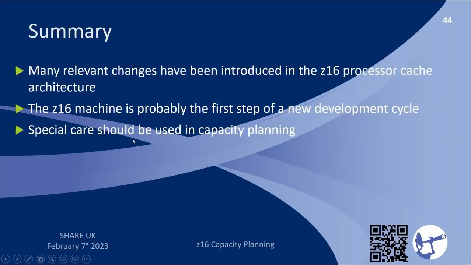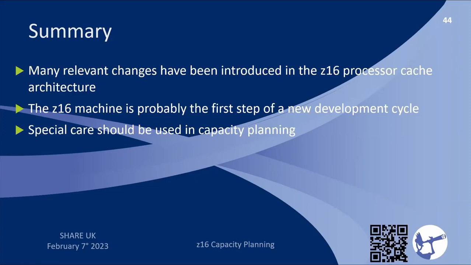So we are at the summary. Many changes were introduced in the z16 processor, including the cache. Every time there is a new machine, there is a lot of excitement. This time the excitement looks to be well placed, because the first experiences of customers show very great improvements.